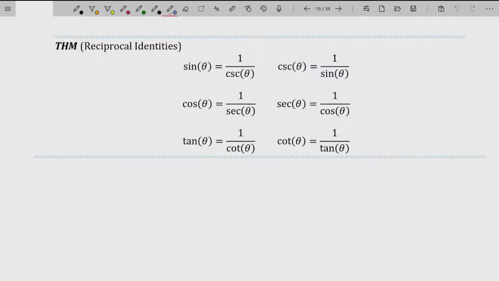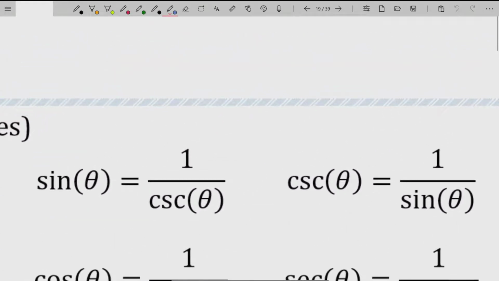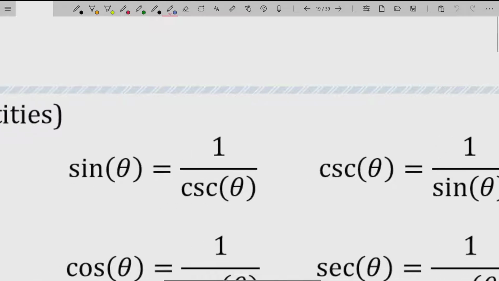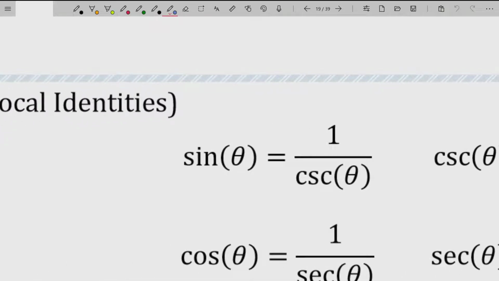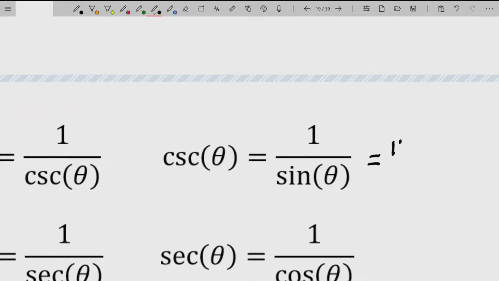Now this theorem right here, we've already stated, but it's good to state again. The cosecant and sine are just reciprocals of each other. So sine of theta is the same thing as 1 over cosecant, and the cosecant of theta is 1 over the sine. Remember, this is because sine is opposite over hypotenuse, and the cosecant is hypotenuse over opposite.